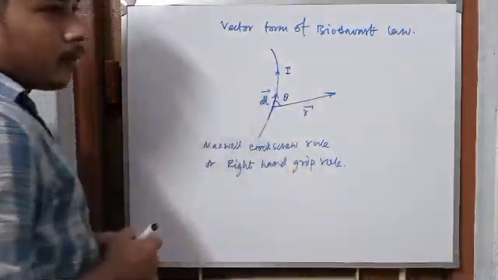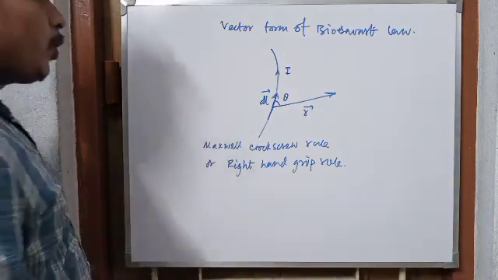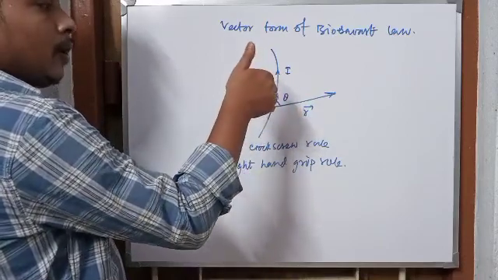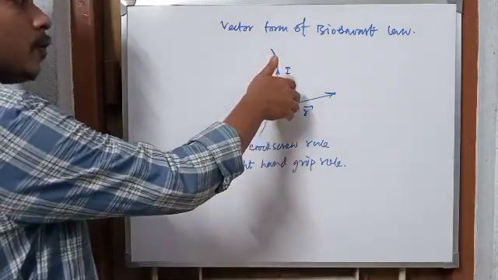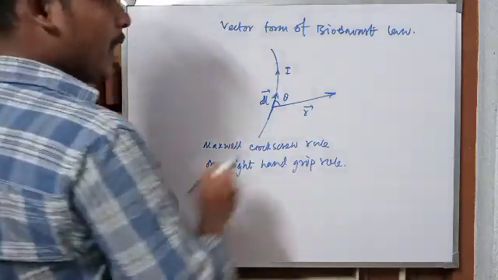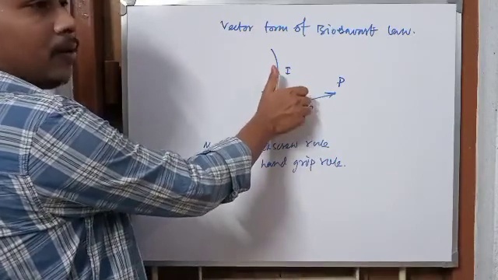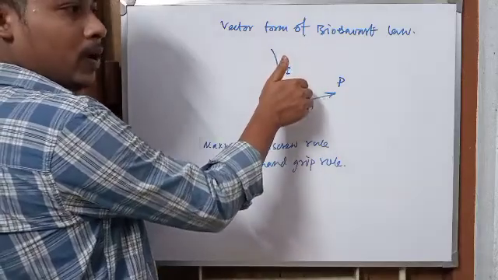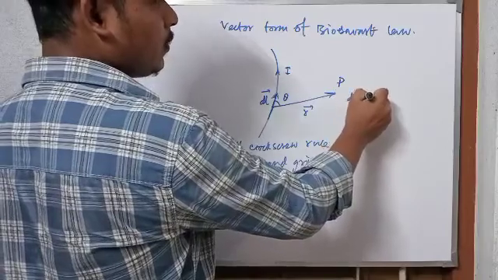If we use the thumb of the right hand along the direction of the current, then the fingers other than the thumb will represent the direction of the magnetic field at some point. As the point is here P, we use the thumb as the direction of the current. Here the fingers go down, so the magnetic field is downward.